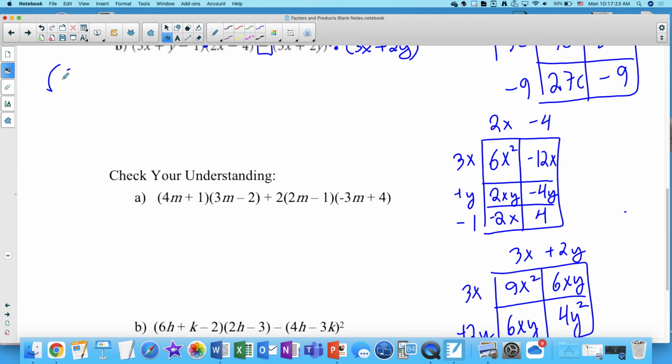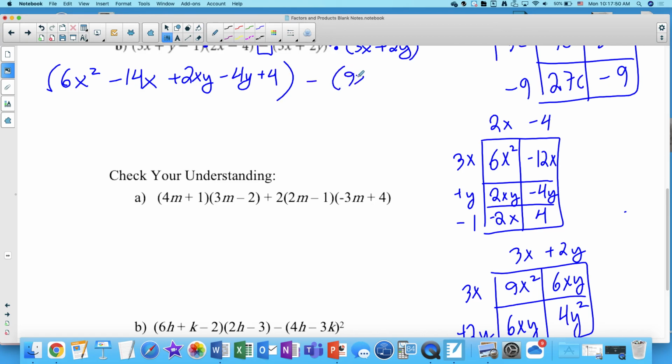And then 2xy, that's the only one of those. So plus 2xy minus 4y plus 4. That's the first one. And then I have to subtract the second one. So minus 9x squared. 6xy plus 6xy is plus 12xy. And plus 4y squared.